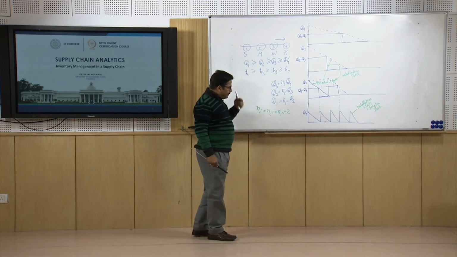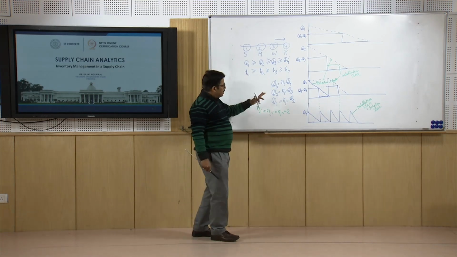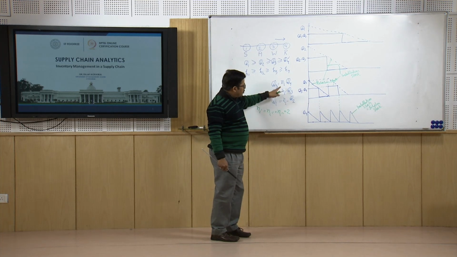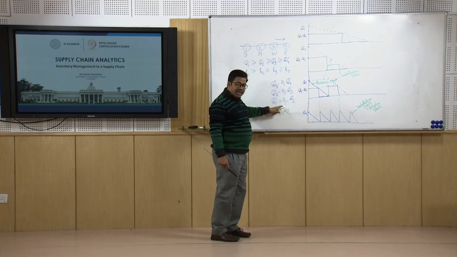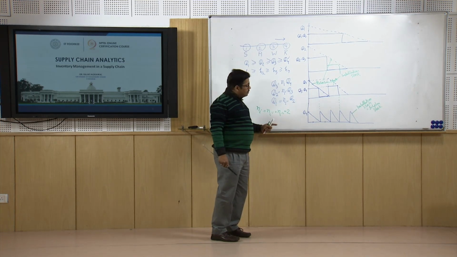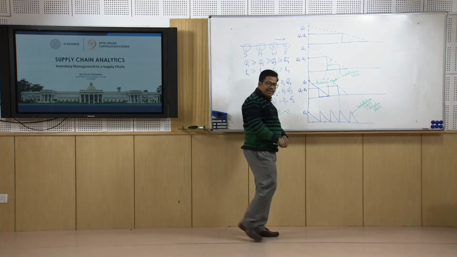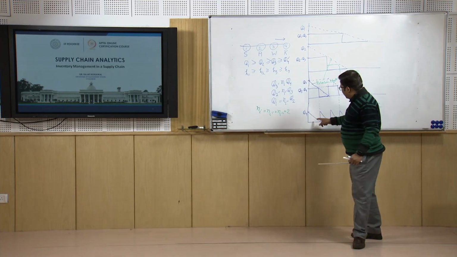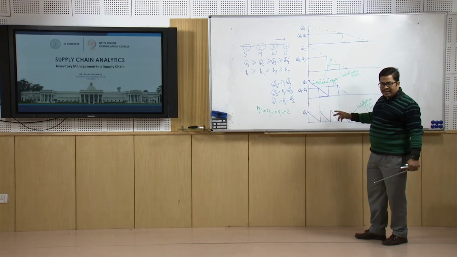Here you see that we have used the values of Ni, Ni dash, Ni double dash all equal to 2. So that will help us in very uniformly completing the replenishment cycles.